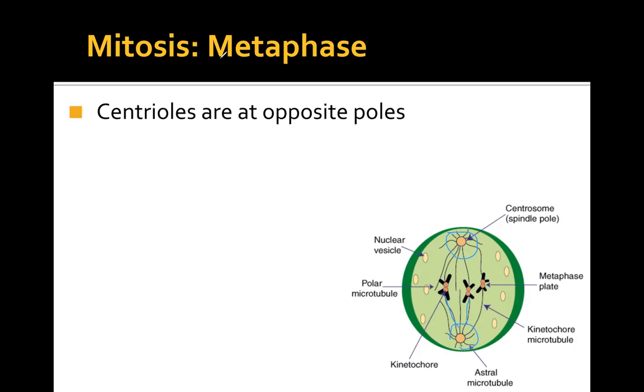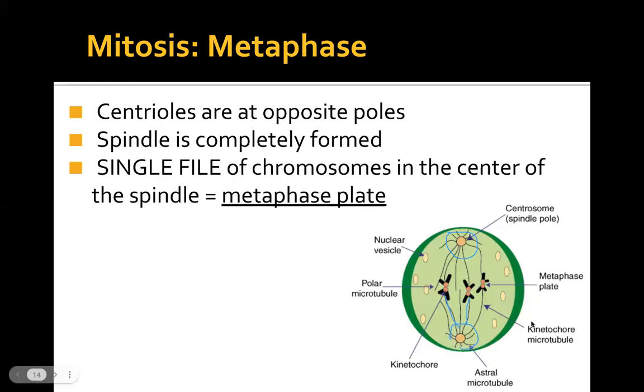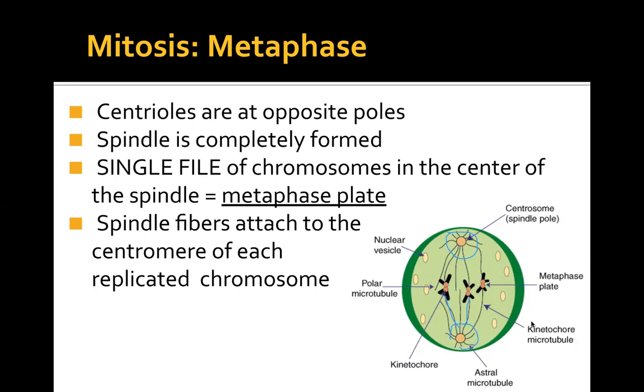The centrioles are at opposite poles, and the spindle is completely formed. Down the middle of the cell, what we call the metaphase plate, the chromosomes are all lined up in a line. The spindle fibers attach at the joining point, the centromere, the center of each replicated chromosome. And basically in the next step, they're going to get ready to pull them apart.